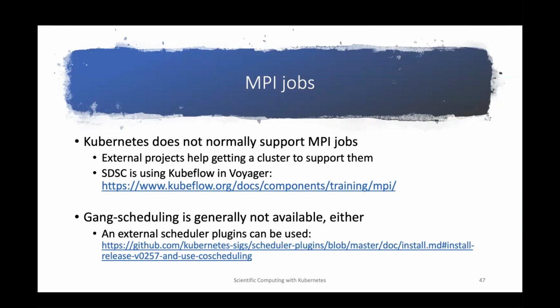Moreover, usually Kubernetes schedules one node at a time. So multi-node scheduling or gang scheduling is typically not supported out of the box, but there are external scheduling plugins that can be used and can be helpful there too. Not going into details, you can read it up at those links.